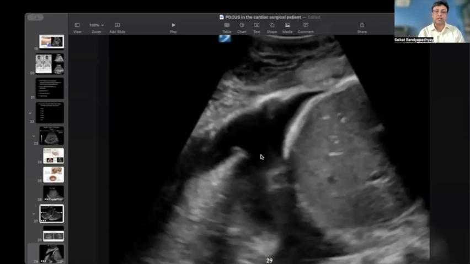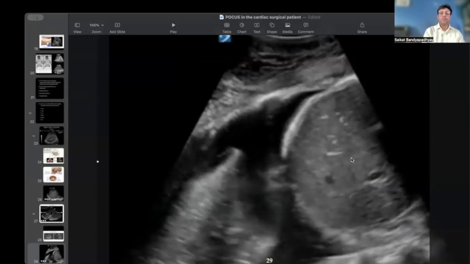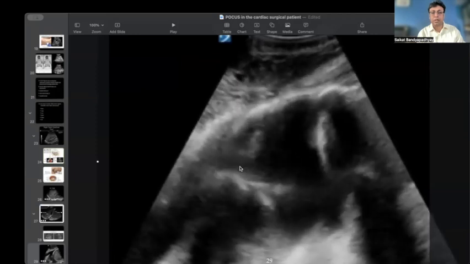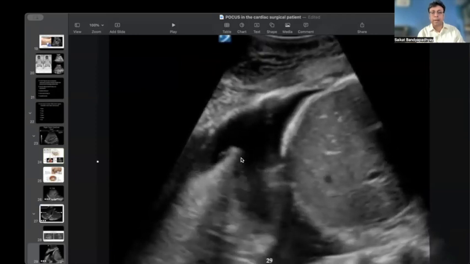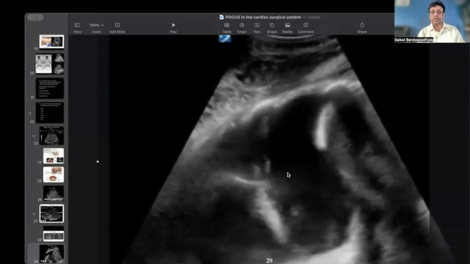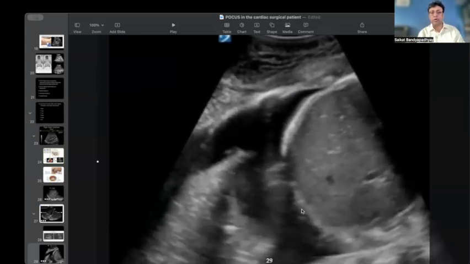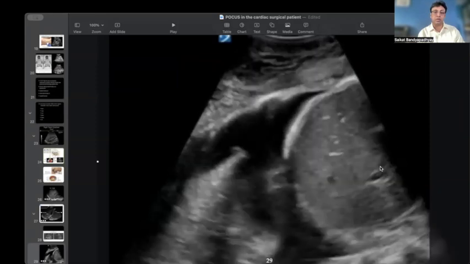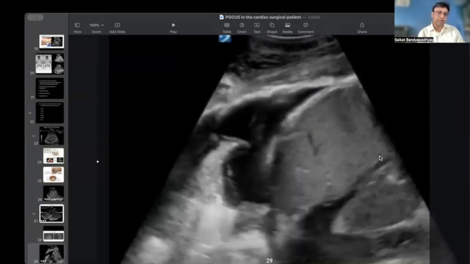In this case, there's a lot of fluid above the diaphragm. The collapsed lung is hanging in a lot of fluid, swimming in pleural effusion. You can see a hepatic vein over here and the IVC and a good window of the liver in this particular image.